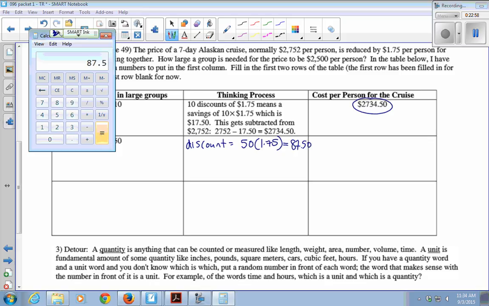And then we subtract that from the original price per person. 2,752 minus 87.50, and I get 2,664.50. Still not low enough. I want to get down to 2,500.